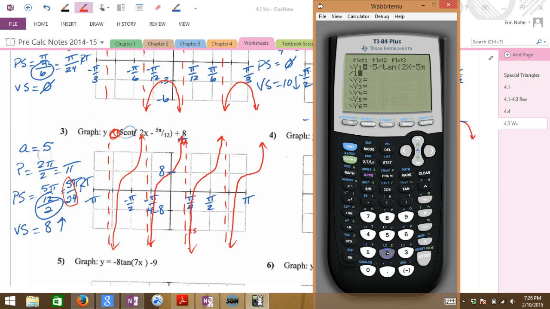Whoops, 12, and plus 8. All right, so then I'm going to go into my window and make sure I match what I see here. So I go from -pi to +pi. My increments are pi over 4. Then on my y, I go from -16 to +16.